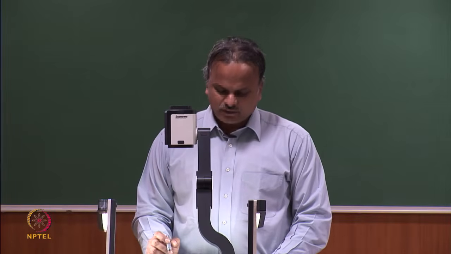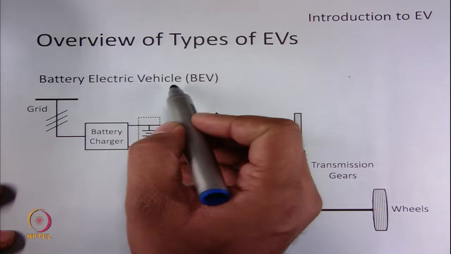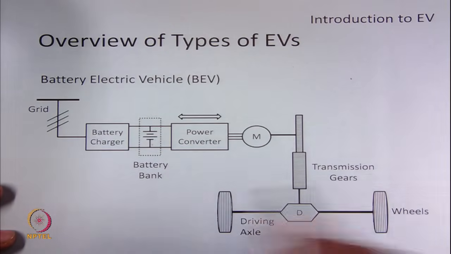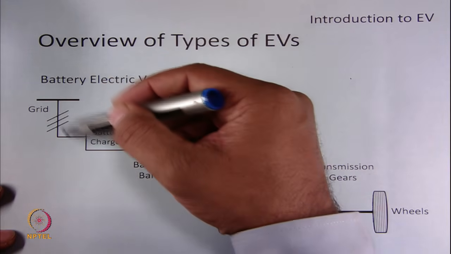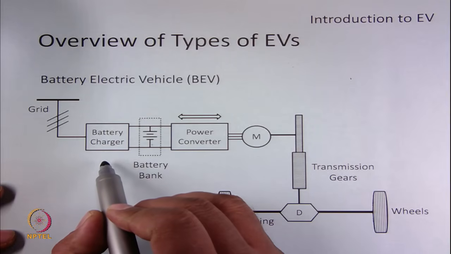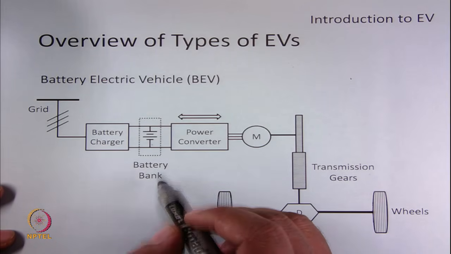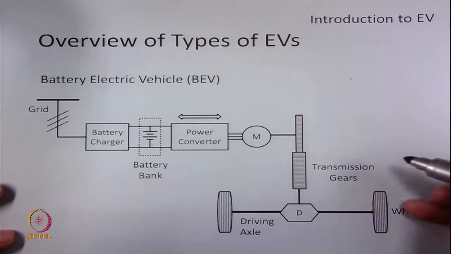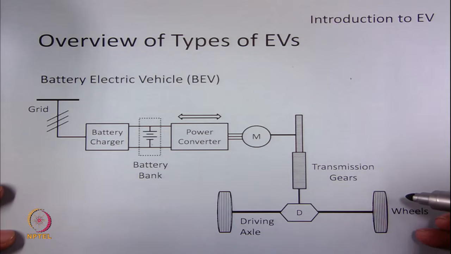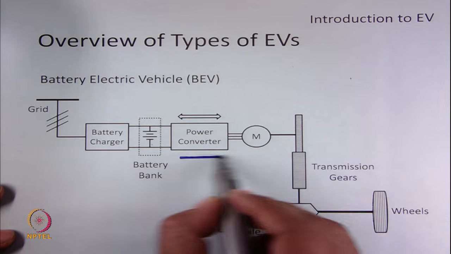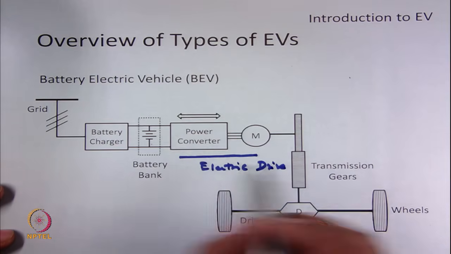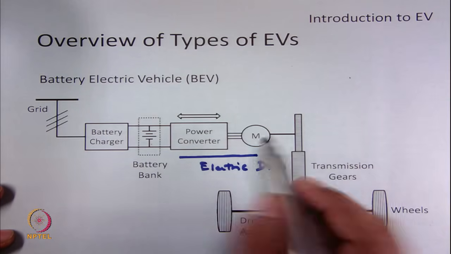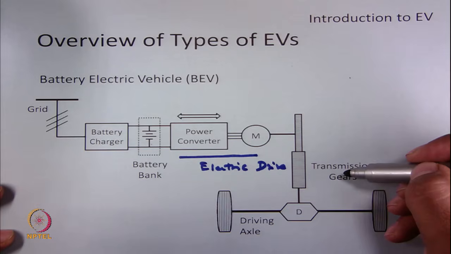The vehicle configuration of a typical battery electric vehicle is elaborated here. So, we can see that the battery bank in a BEV is normally charged directly from the grid using a battery charger, and the electrical energy stored in the battery is transferred to the wheels using an electric drive consisting of a power converter and an electrical machine via transmission gears and differential.